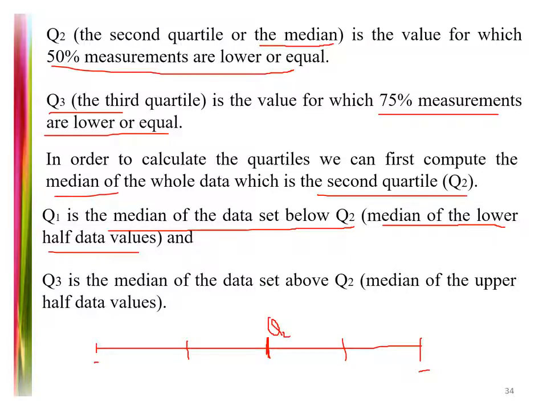Then if you want to calculate Q1, Q1 is equal to the median of the lower half of data, so the median of this data. Similarly, the median of the upper half of data should be equal to Q3.